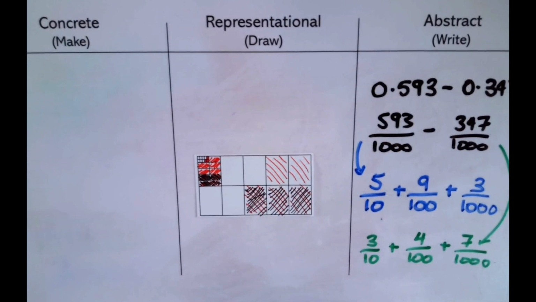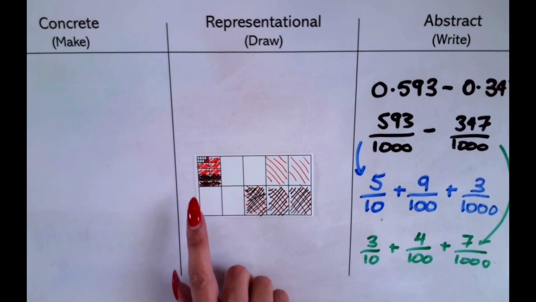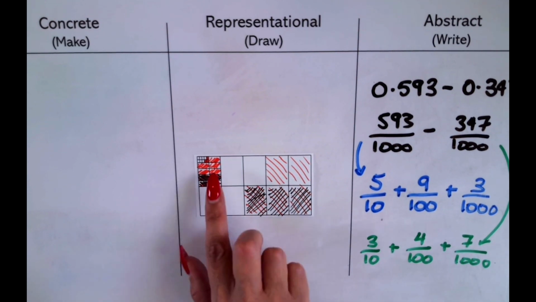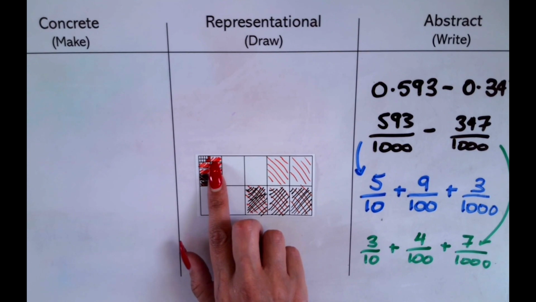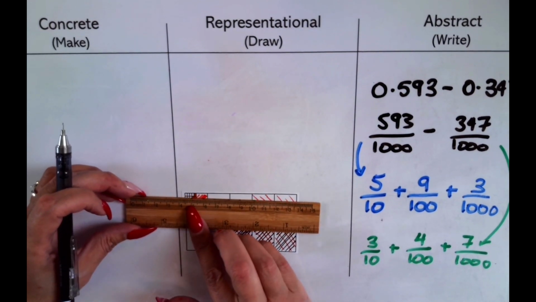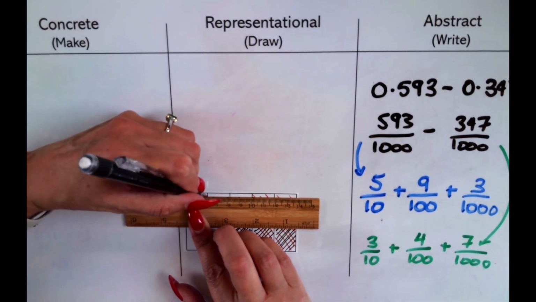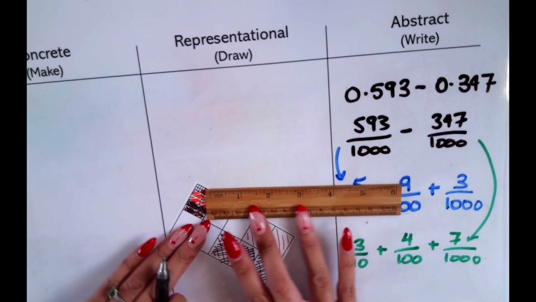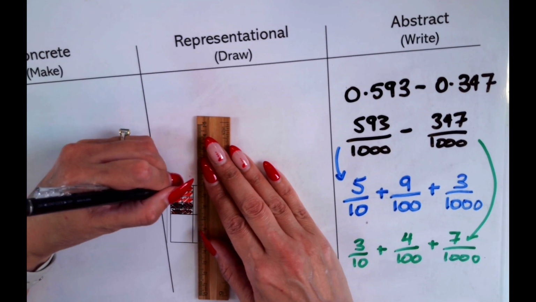7/1000. But look at this. We've only got 3/1000 there. So we're going to need to partition one of these into its thousandths. And this is where this becomes really conceptually simpler. So I know that I have 10 of these.